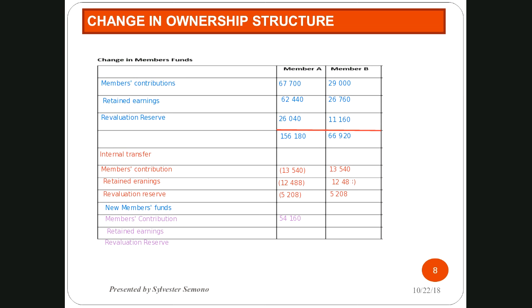Retained earnings. $62,440. Thank you very much, guys. Much appreciated. What about the retained earnings for B?